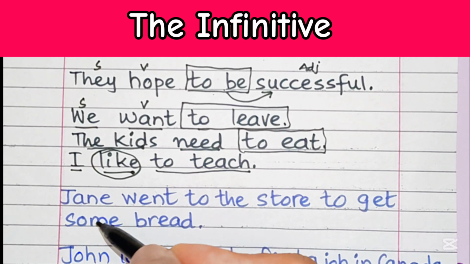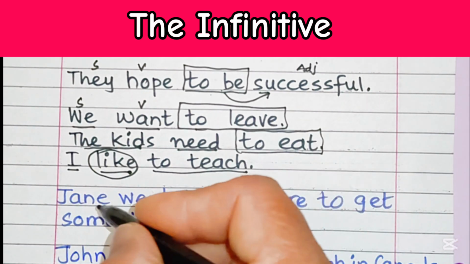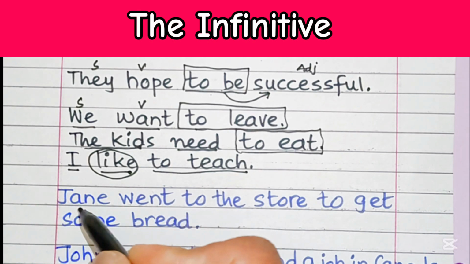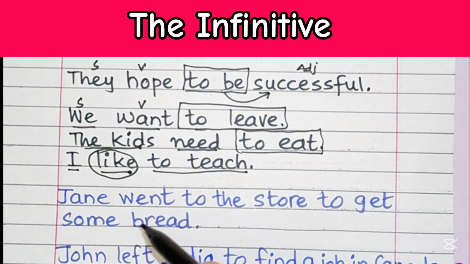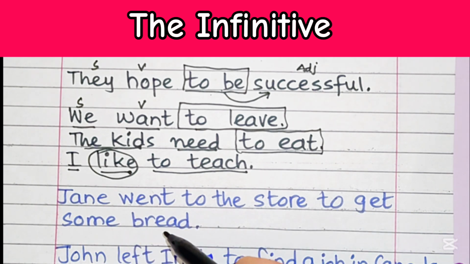So if I ask a question, why did Jane go to the store? If that is the question, the answer will be Jane went to the store to get some bread.